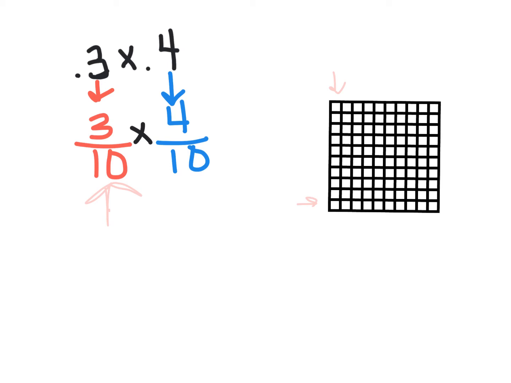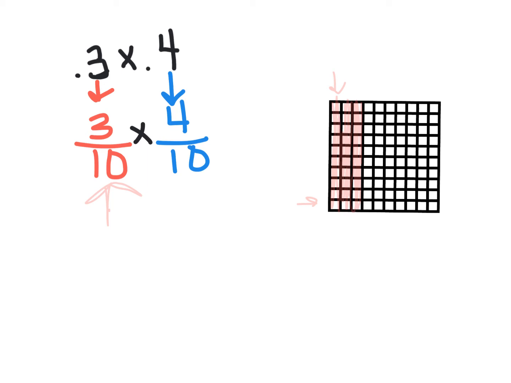So we have 3/10, which means I'm going to shade 3 of these columns. Now I shaded it vertically instead of horizontally. That's okay. Just make sure you shade in all 3 columns in one direction.